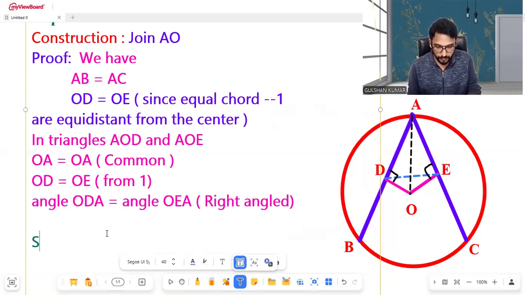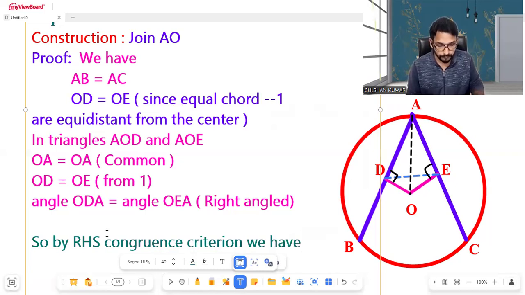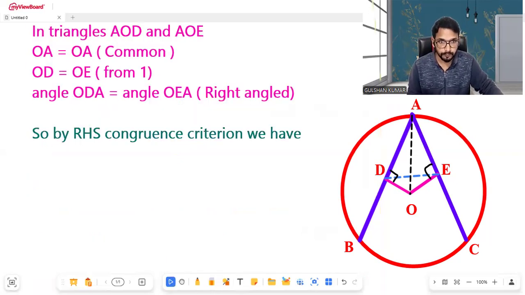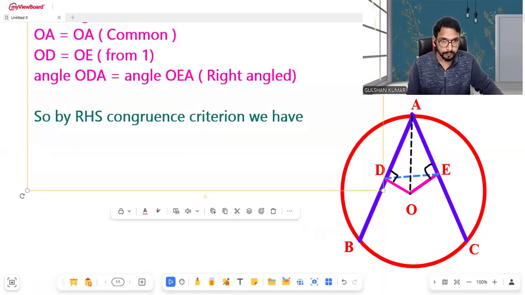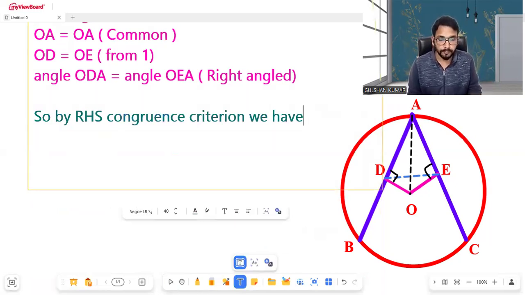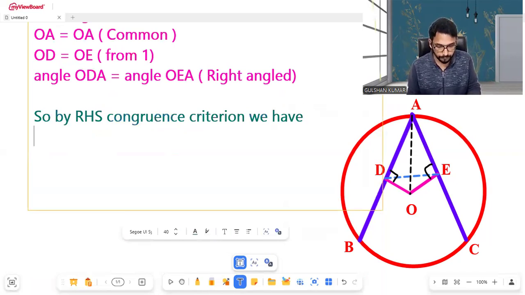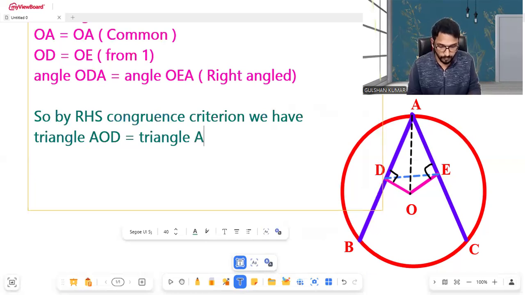So by the RHS congruence criterion, we have triangle AOD congruent to triangle AOE.